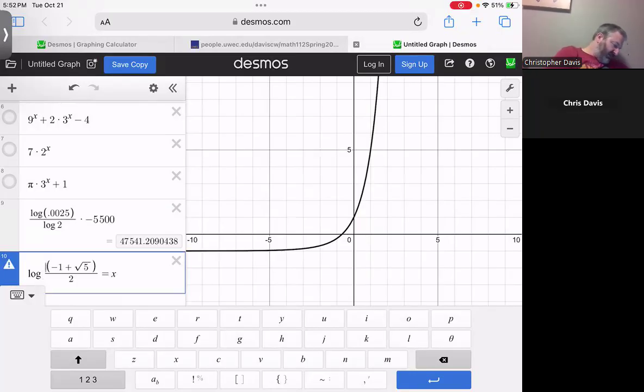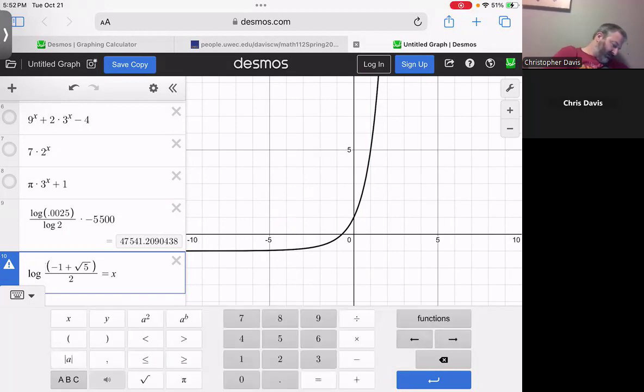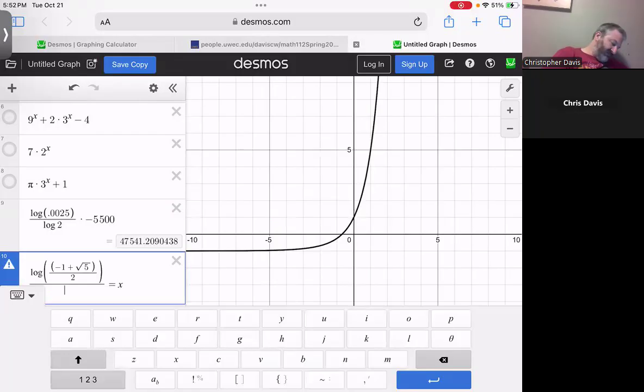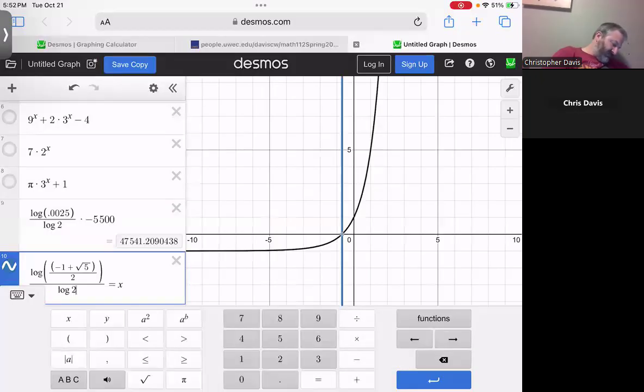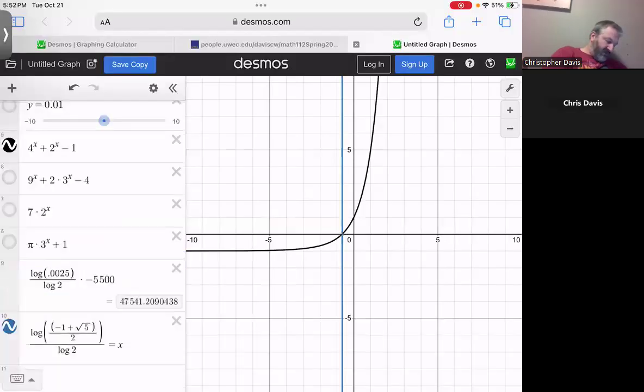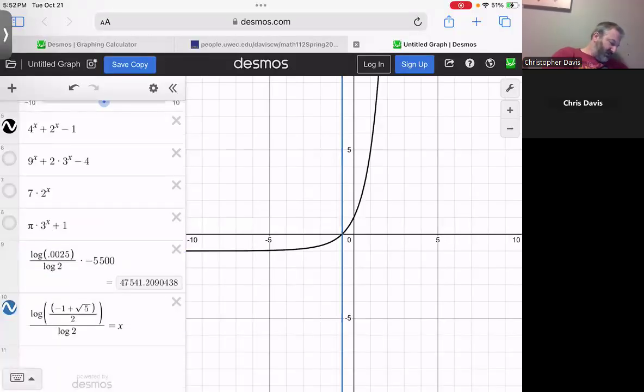I'm going to take the log of all that. Now I need to divide by the log of 2 to get a base 2. Oh, nice. Now that looks pretty good. That looks like the solution.